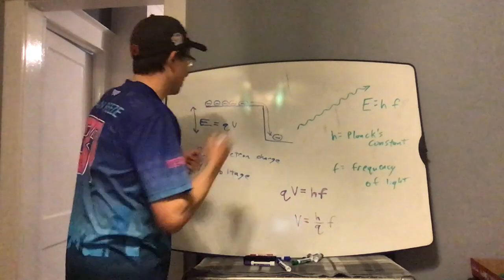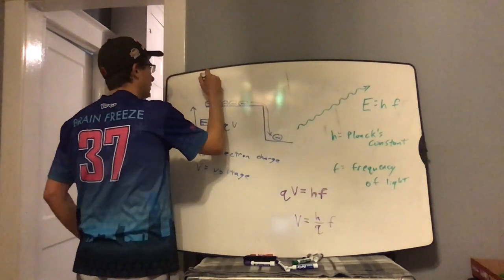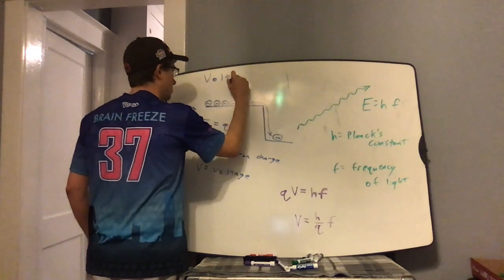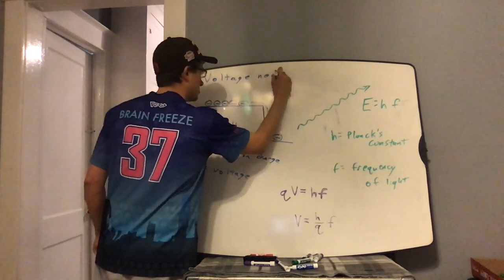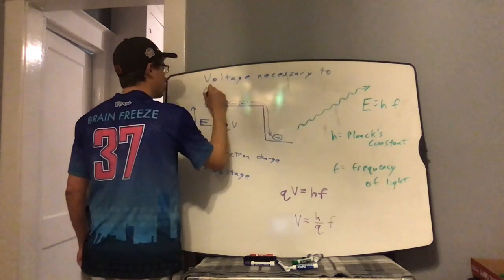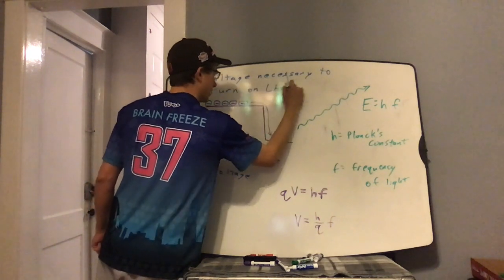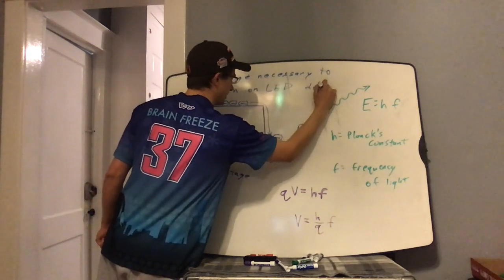So the voltage necessary to turn on an LED depends on the color of the LED.